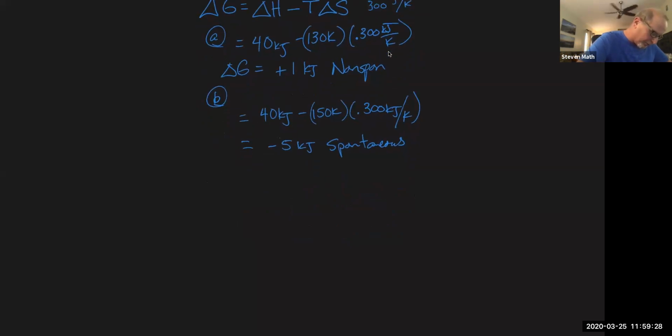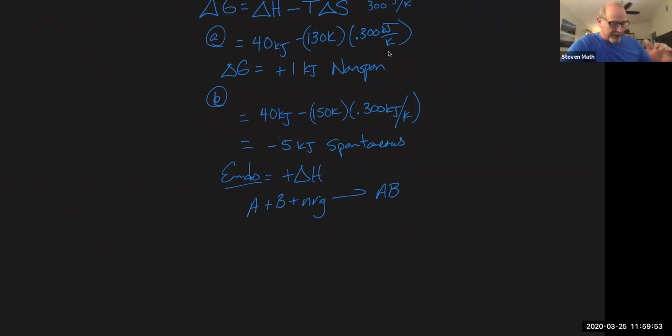In an endothermic reaction, positive delta H, if we were to write a reaction, we would say A plus B plus energy is going to make some form of AB. Well, if H is positive, it's endothermic, so increasing the temperature is going to make the reaction occur more spontaneously, or as we've said historically, shift to the right, shift towards the products.